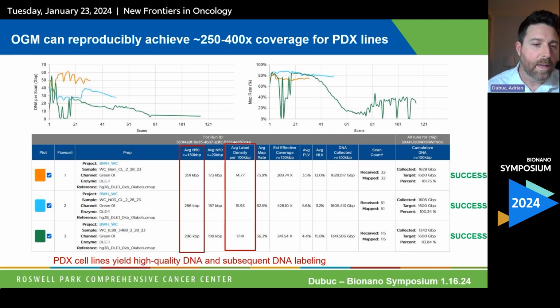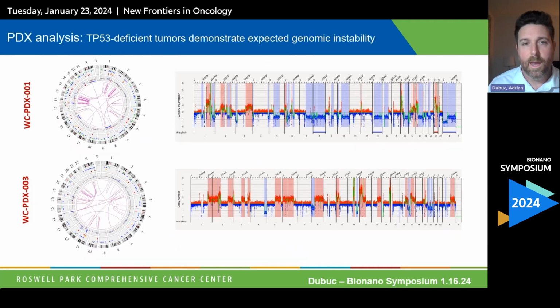I'm delighted to say that our ability to isolate high-quality DNA and subsequently label it was highly effective in PDX cell lines, and more importantly, resulted in a structural landscape which was expected for these TP53-deficient tumors, which is to say incredibly complex and chaotic.